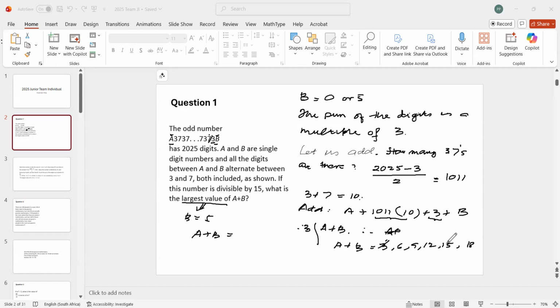And even this is out, because if B is 5, then this will make A to be 10, and this will make A to be 13. 5 plus 13, 5 plus 10, and A is a single digit number. So there are only 3 possibilities. A plus B could be 6, 9, or 12. You want the largest value. Therefore, the answer is 12.